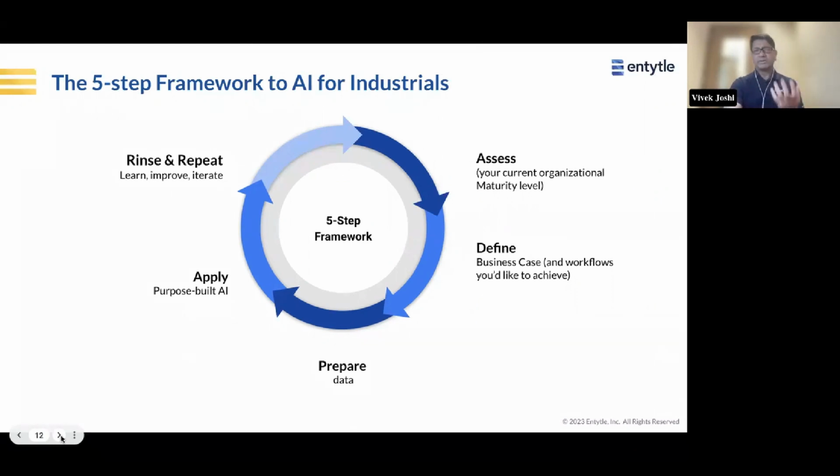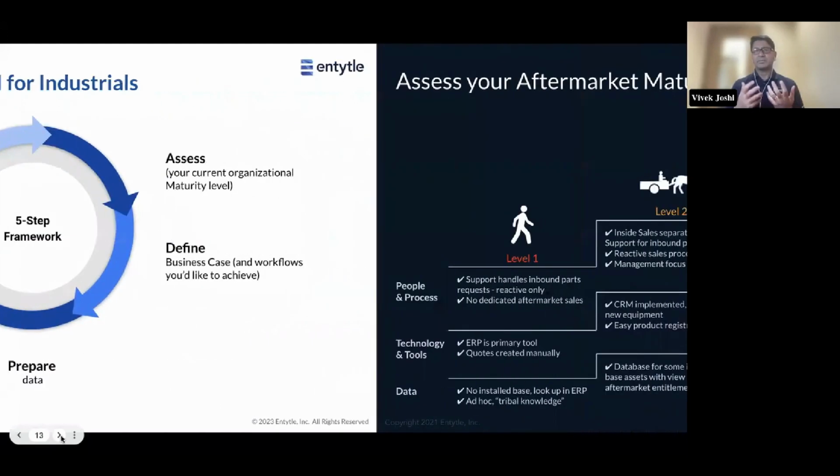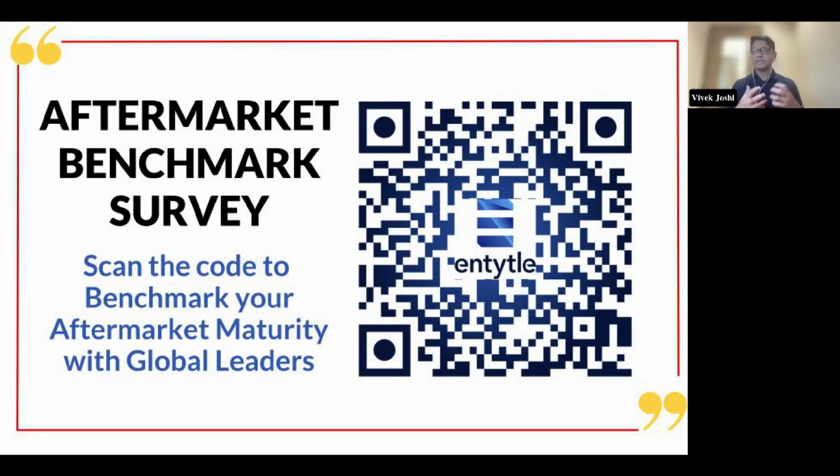So the first thing is, we need to assess where you are. By the way, I'm going to address only this notion of AI for industrial, but specifically in the context of the aftermarket, which is really our raison d'etre, as we say, right? This is exactly why Entytle was formed, and this is why we live every day, to think about aftermarket. So first and foremost, before you go anywhere, please assess where you are.